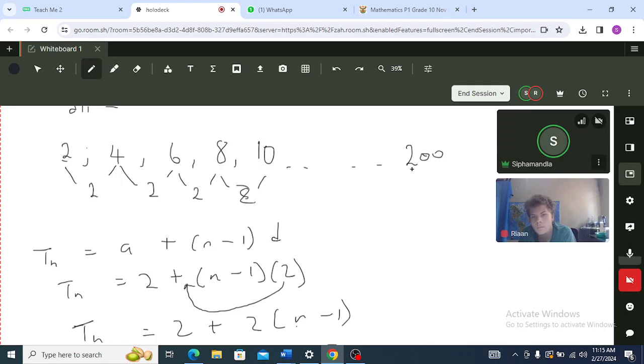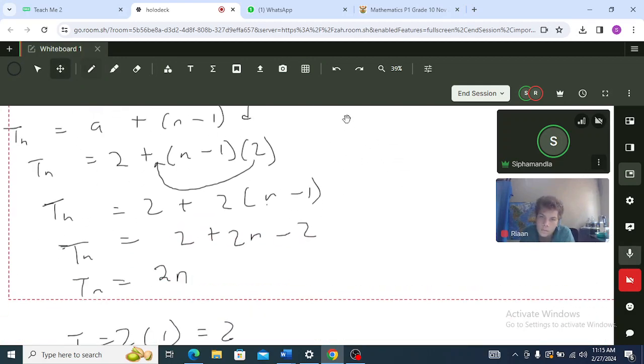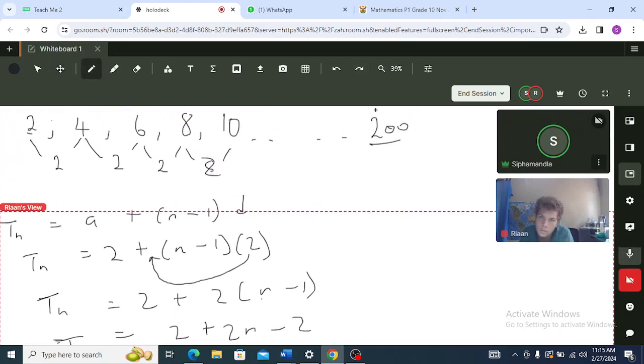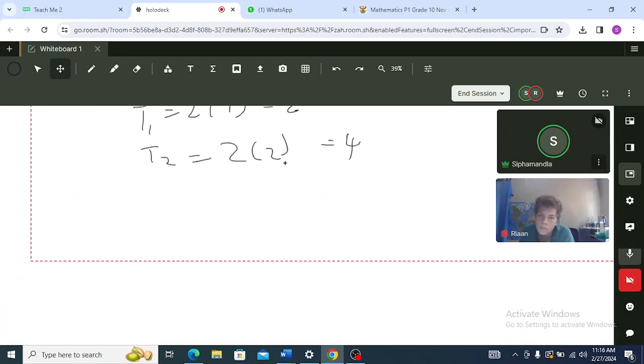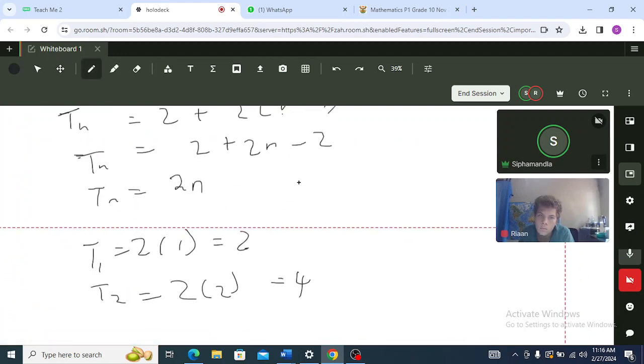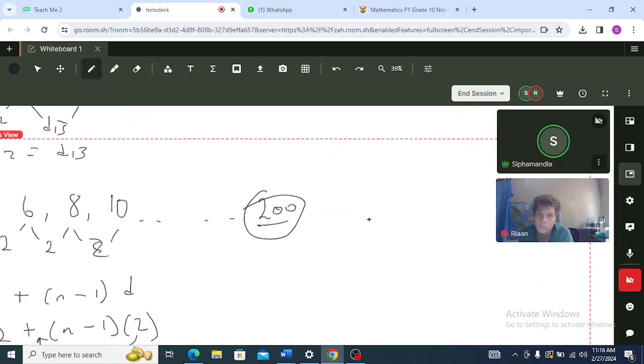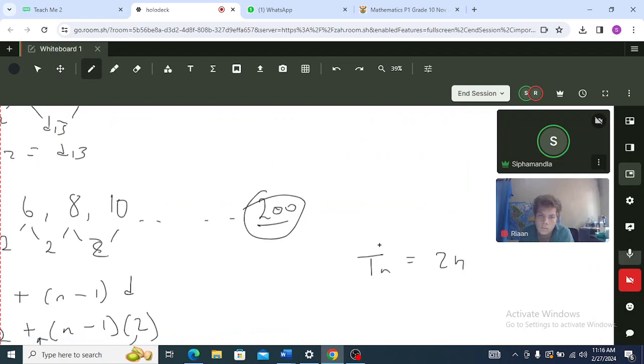If they ask how many terms in the sequence and they give you the last term, remember in the formula you plug in the position to get the term. Now they gave you Tn, so you can use the formula Tn equal to 2n.